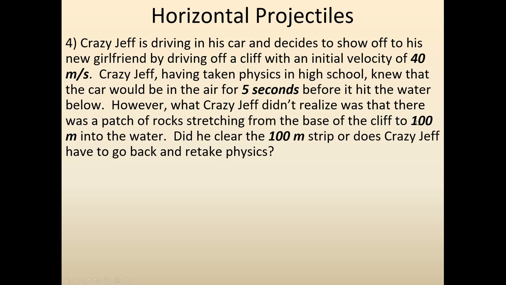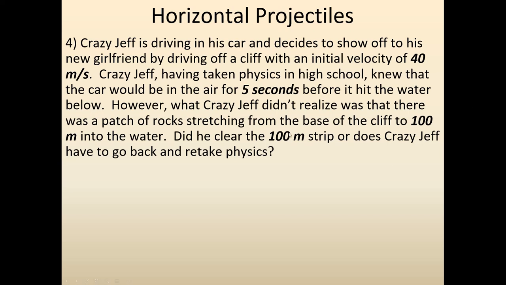The one thing that I want to be careful of is this. They tell me 100 meters. Now, if I'm not reading carefully, I might put this into the chart, but I don't actually use that 100 meters because the 100 meters is representing a physical description of the scenario. It's saying that the rocks only go up to 100 meters.